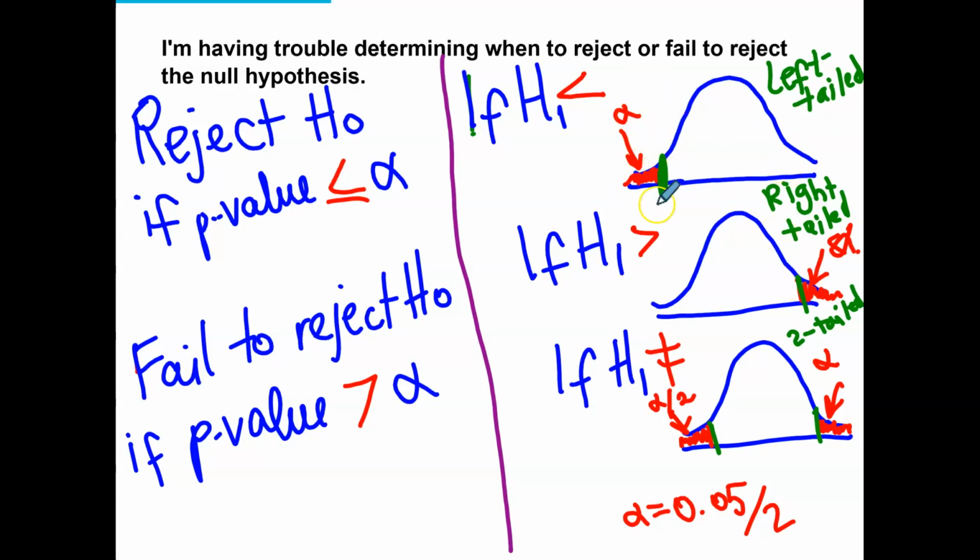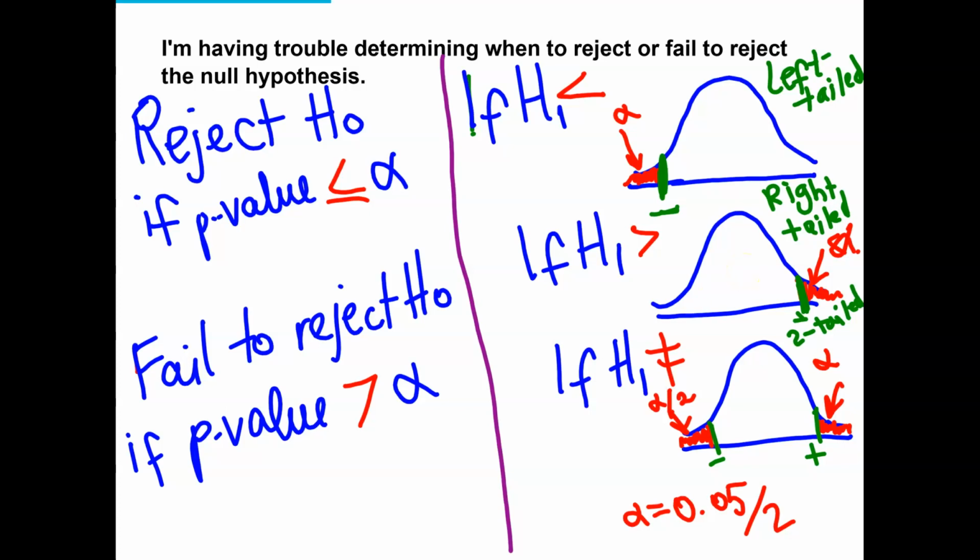In the left-tail test, the critical value is negative. In the right-tail test, the critical value is on the right side, so it's going to be positive. In the two-tail test, the critical value is located on the left and on the right, so it's going to have a plus or minus sign.